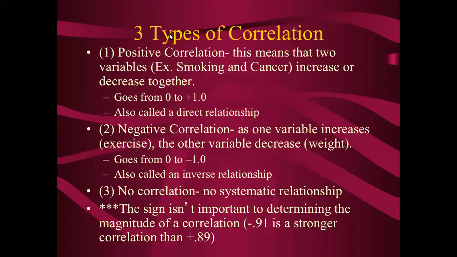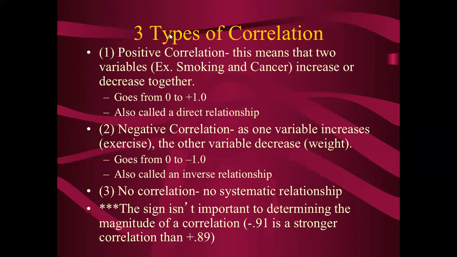So let's talk about it, right? When we talk about a positive correlation, that means both factors go in the same direction. So either both factors are going to increase together or both factors are going to decrease together, right? For example, smoking and cancer.